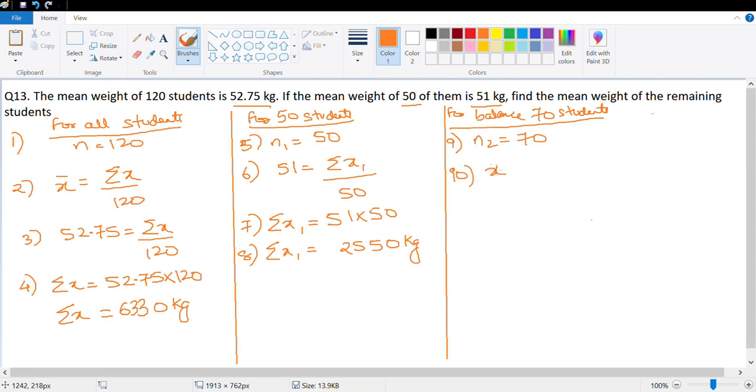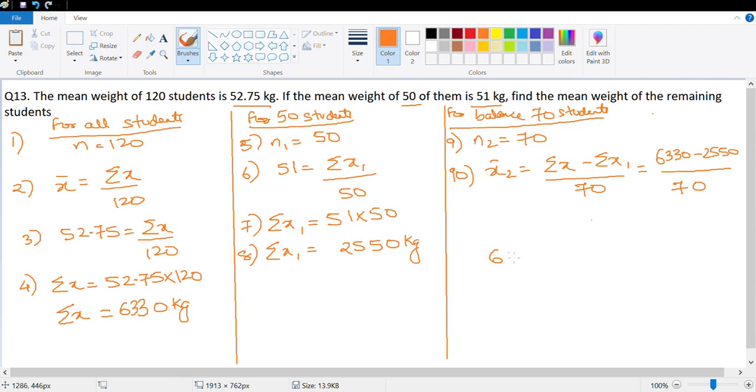The mean for the remaining students would be equal to total sum, which means summation of x minus summation of x1, upon 70. This will be the sum of the weight of these remaining 70 students. So total weight, 6330 minus the weight of the students which is already given, which is 2550, upon 70.